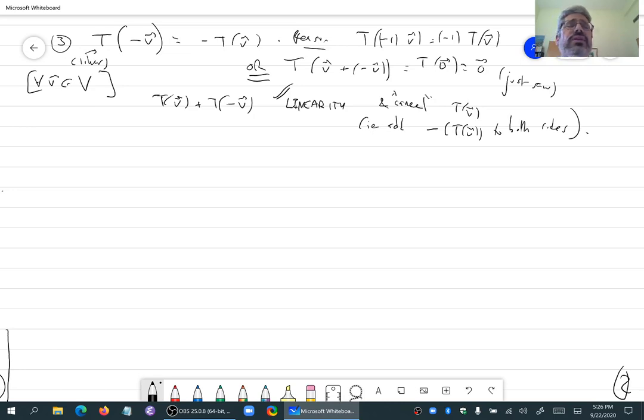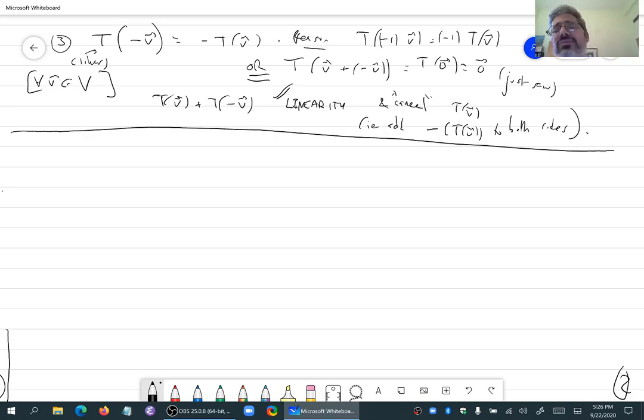Okay, and I'm doing this for completeness. Honestly, you just have to do this once in your lives. You do not want to do this all the time, but just for you to get a feeling for how these issues work. Okay, so those are unsurprising and not very deep facts about linear transformations, but they are important and we use them all the time.